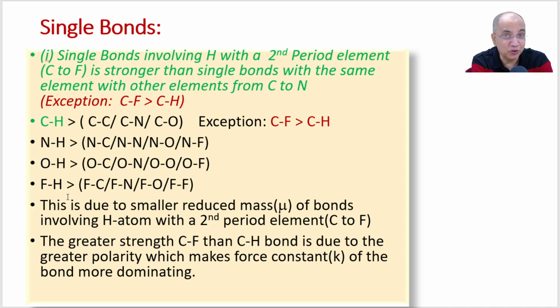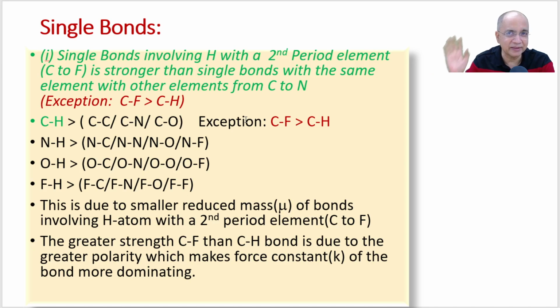Smaller reduced mass, nu bar is more. But you can't compare any single bond involving hydrogen with any other single bond not involving hydrogen. The generalization I have shown is that with the same carbon or nitrogen or oxygen or fluorine remaining fixed, the bond with hydrogen and the other bonds with the same fixed element have to be compared.